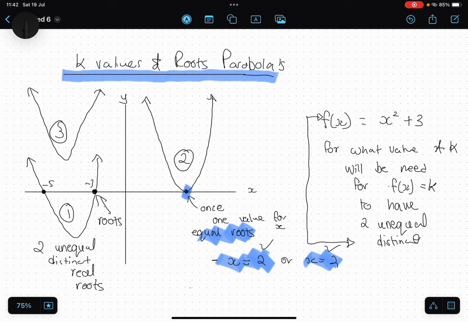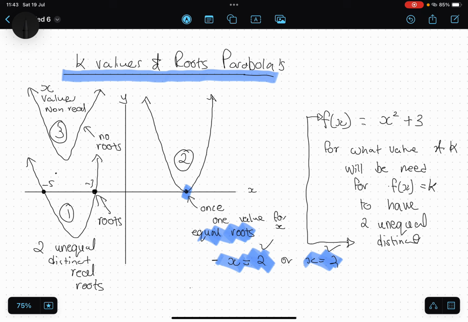It has no roots at all, so no intersecting values with the x-axis. When it has no real roots, that means its x values are non-real.